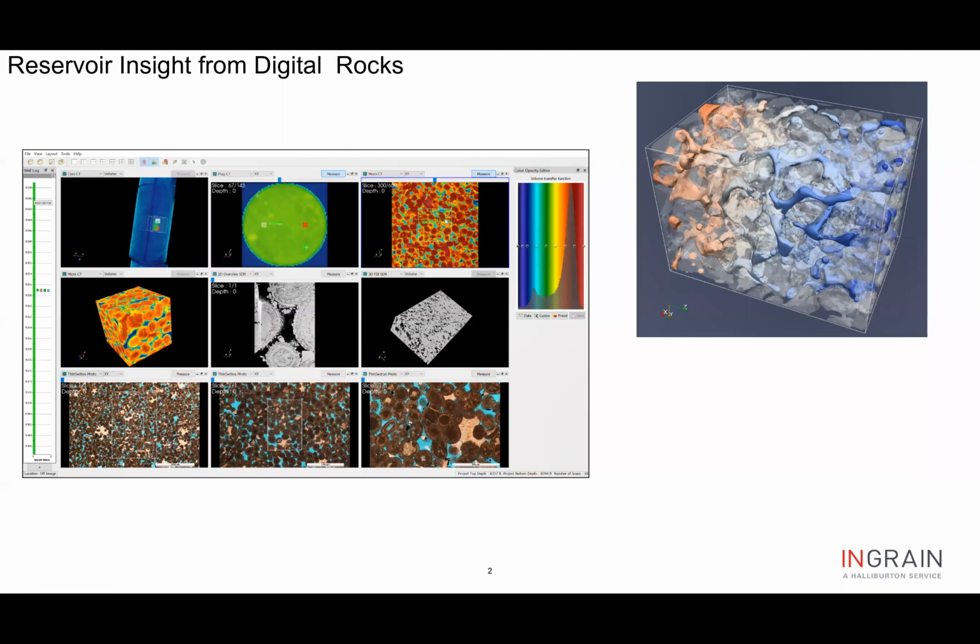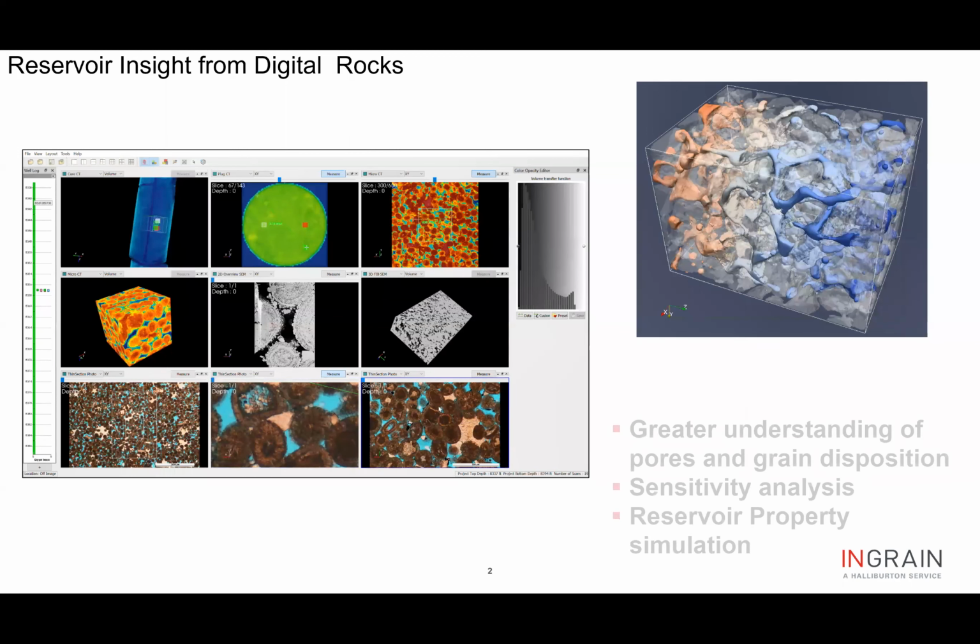So I find digital rock very interesting as quantitative data that gives me a much better insight into the rocks, and particularly the rock and fluid behavior.